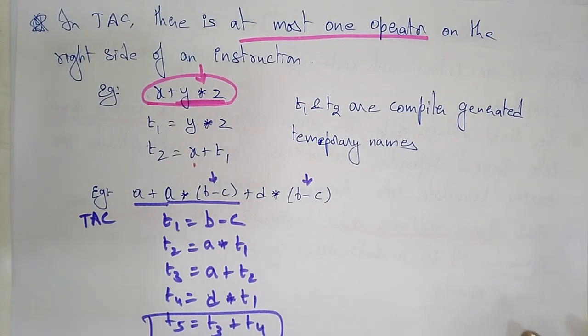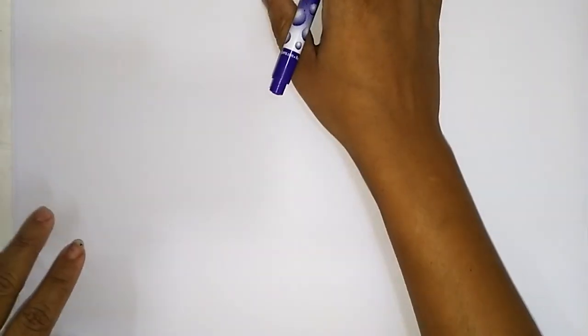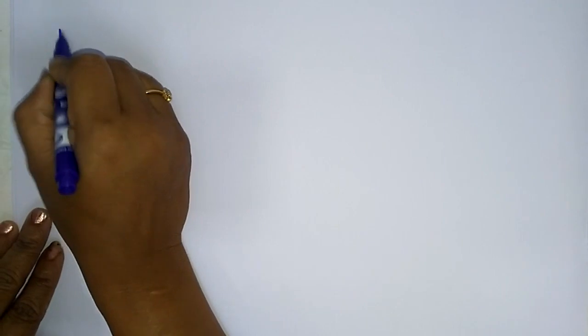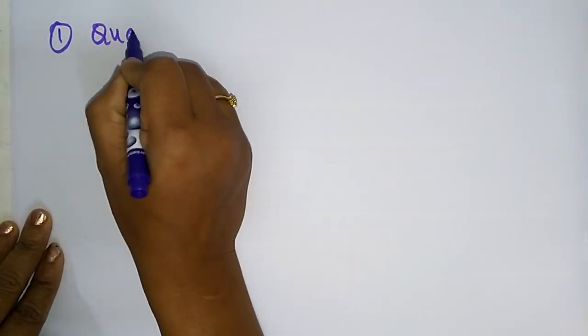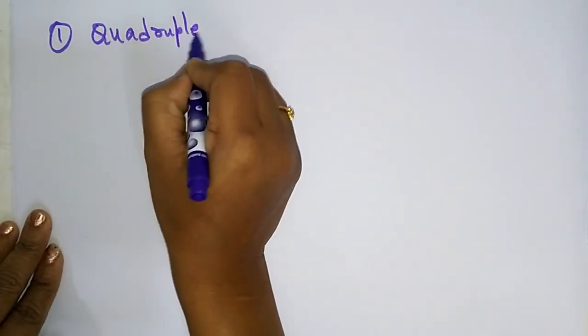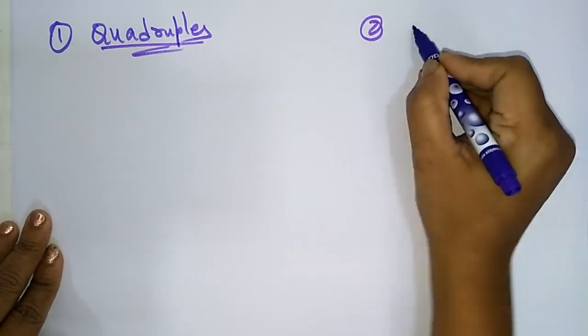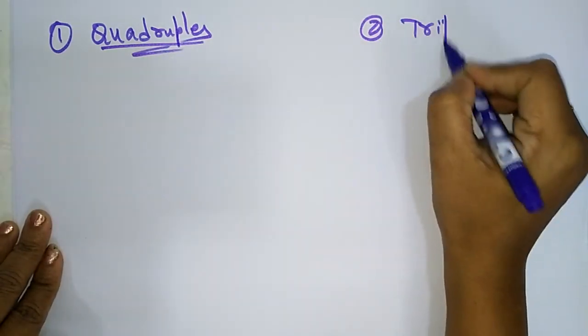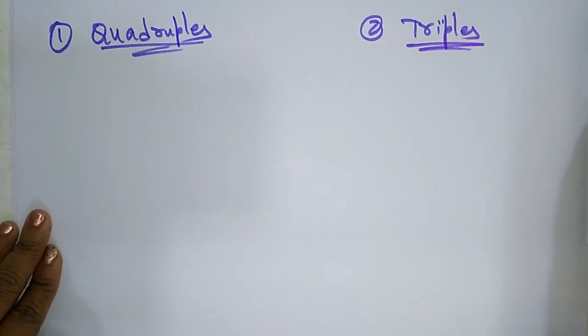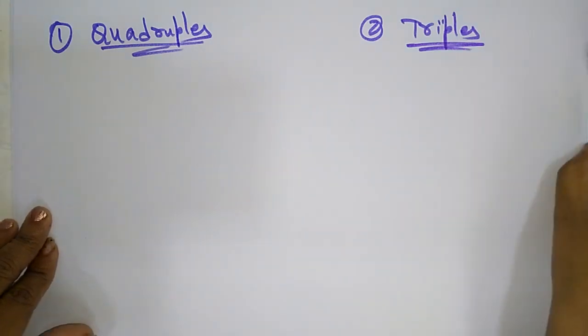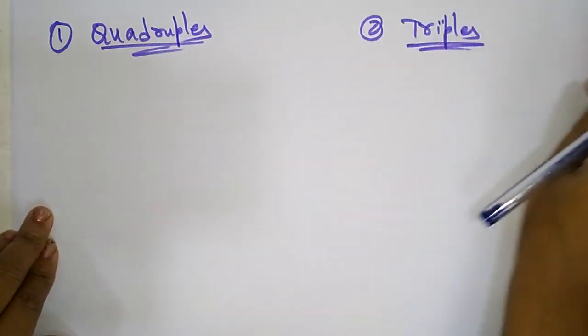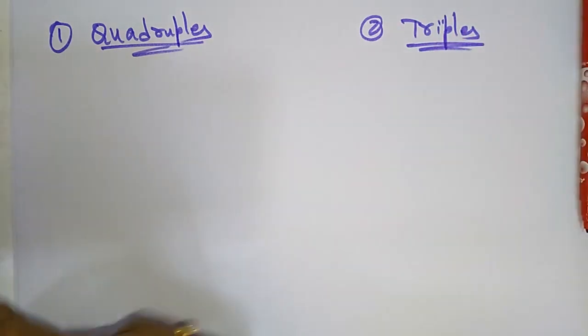This 3-address code has different types of representation. The 2 data structures for the 3-address code are quadruples and triples. Now let's see what quadruples are.